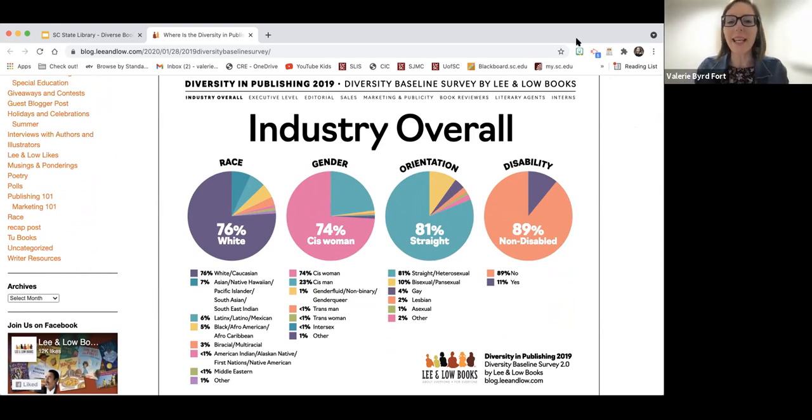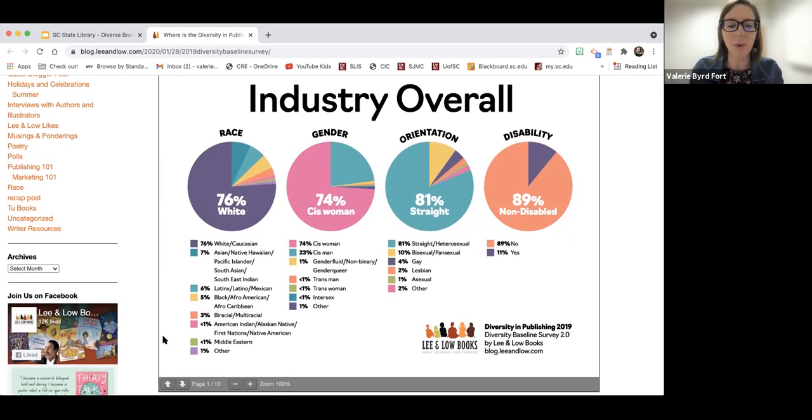So when you look at the industry overall, 76% identify as white, 74% of them are cis women, 81% of them identify as straight, and then 89% are non-disabled. So the folks making the decisions are not diverse. And so I think that is something really important for us to be aware of.